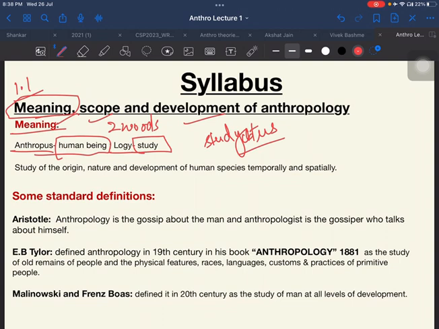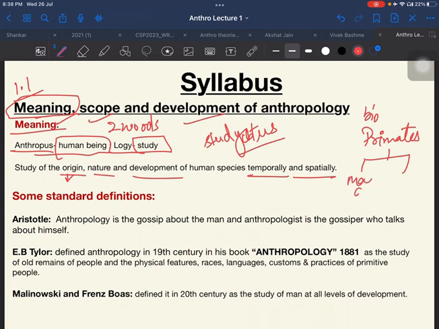So basically, when we are asked about the meaning of anthropology, we may say that it studies origin, nature, and development of human species across space and time. So origin means we will be studying where we come from biologically, like we are primates. So in primates, we are not the only one.